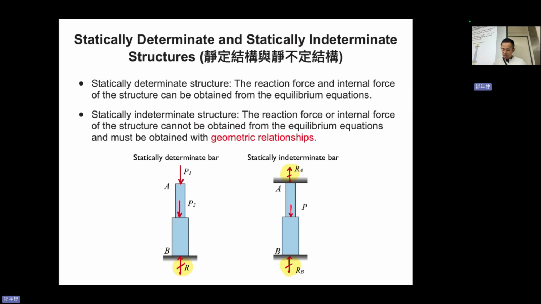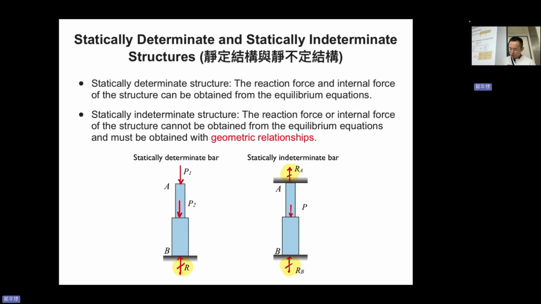In this case, you can obtain Rb. But with Fy equals 0, you have two unknowns, but you only have one equation, which means that you cannot determine what you are going to determine, right? Ra, Rb. So this is called statically indeterminate structure. So when God closes a door for you, they will open a window for you, right?